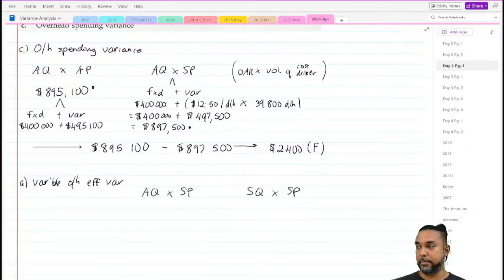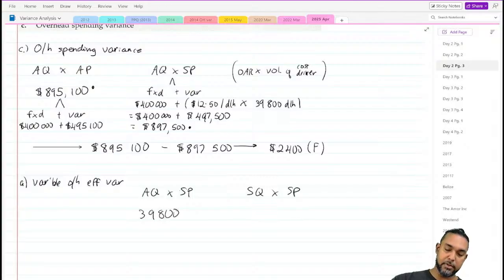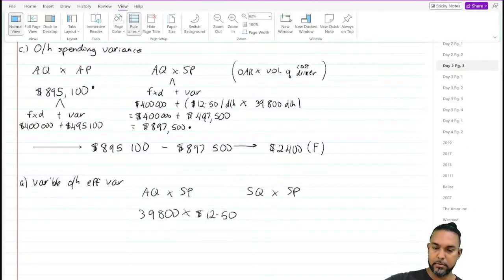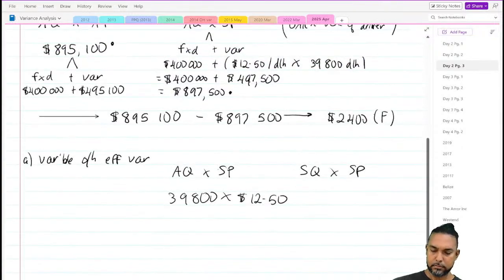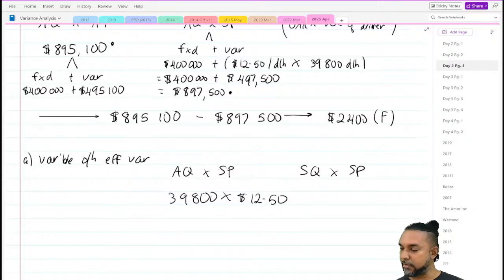What are we applying overheads on the basis of? On the basis of direct labor hours. We actually incurred 39,800 direct labor hours. So that's 39,800 multiplied by 1250, right? And that will give us the same 497,500.